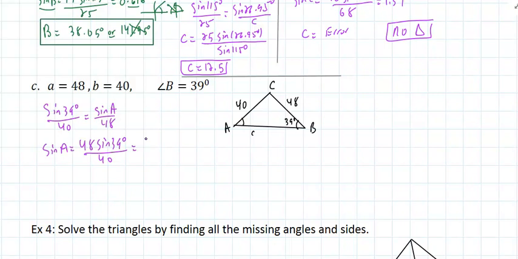I'm getting this to be 0.755. Again, I'm using the answer in my calculator, so I'm not rounding.